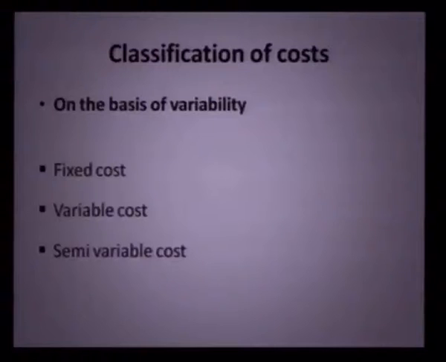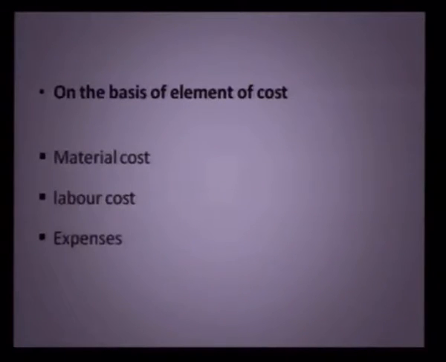Can you further classify these elements of cost into more categories? We have already classified on the basis of element. Basically there are 3 elements: material, labor and overheads, or you can call them expenses. But you will find that in different products the proportion of material, labor and expenses varies.